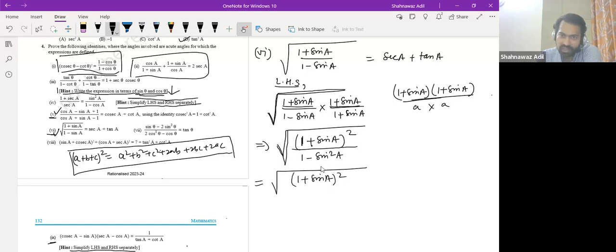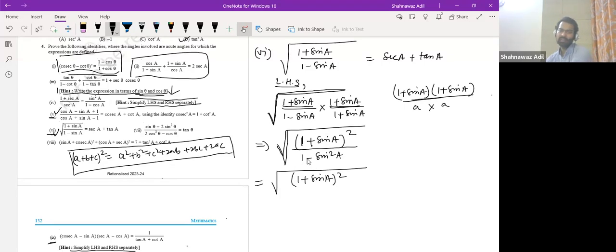And what is this denominator, Tejasvi? Remember, we have to get a perfect square. 1 plus sine A whole square is a perfect square, and we can take it out of the root.